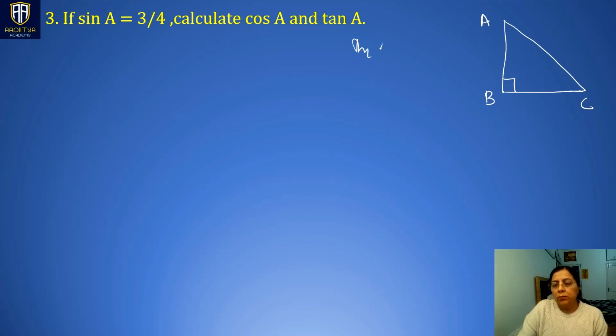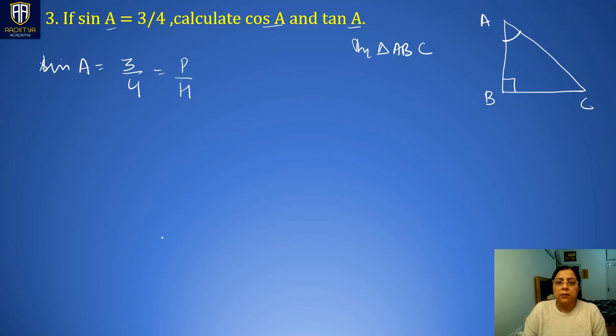Now in triangle ABC, I have to take ratios about A. Sine A is the ratio between perpendicular and hypotenuse.